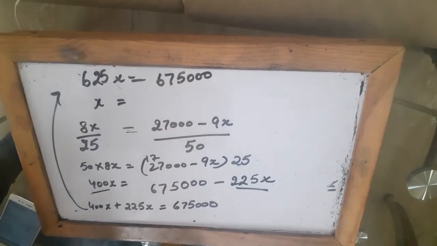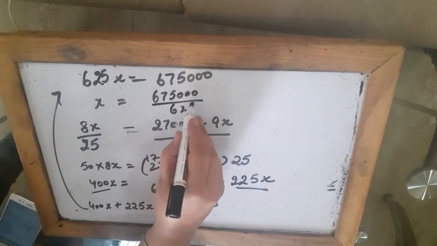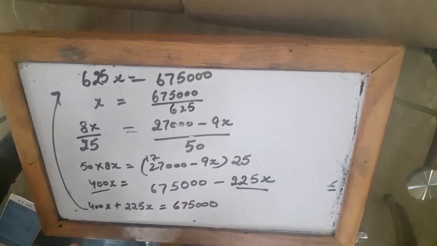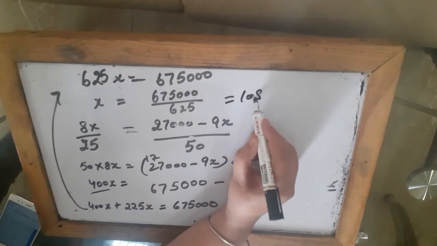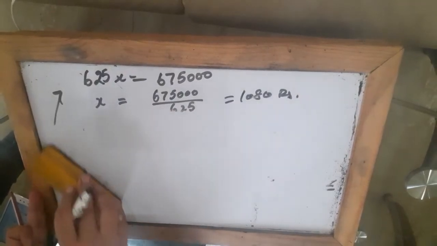Now x will be 675000 divided by 625. Let me take the help of a calculator so that I don't take too much of your time. 675000 divided by 625 comes to be 1080. So the value of x has come: 1080.